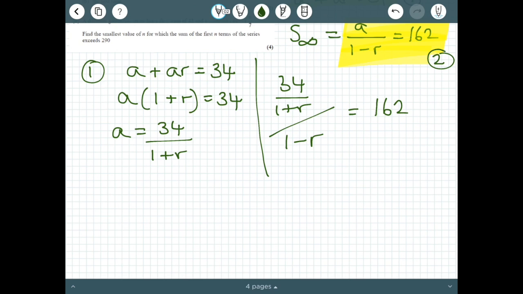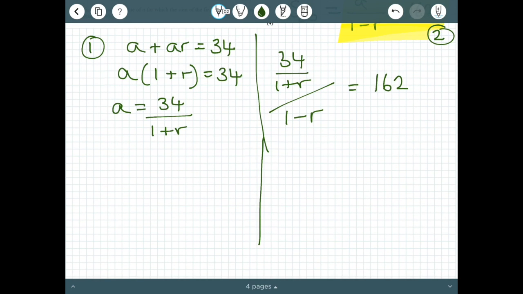Which then, of course, means that I have to do some rearranging, so we end up with r being the subject here. When you have a fraction as a numerator divided by a single expression at the bottom, you can just assume the denominators multiply.